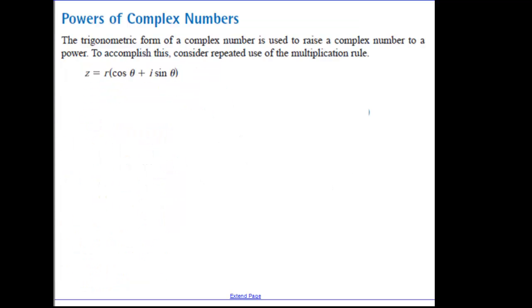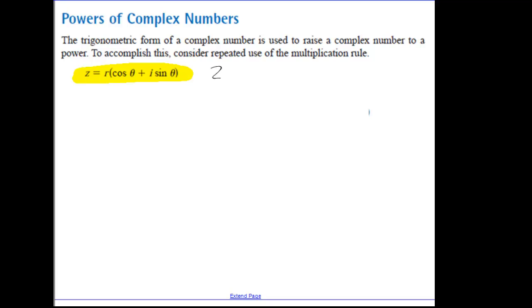So say you've got a complex number written in trig form, namely z is equal to r times the quantity of cosine theta plus i sine theta. This trig form is used to raise a complex number to a power. To accomplish this, we'll apply the multiplication rule.